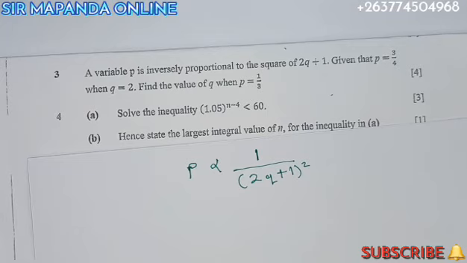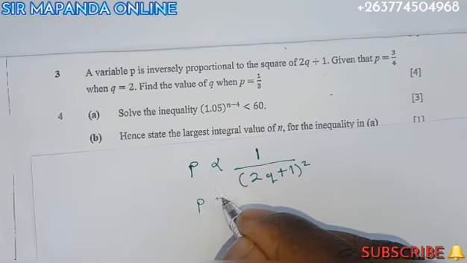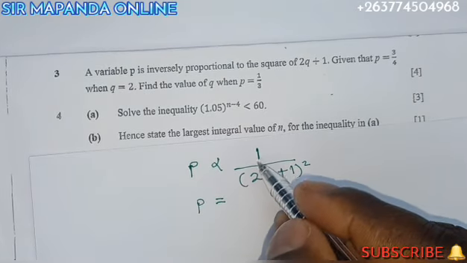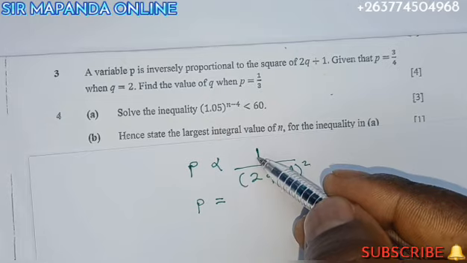But this triggers the right side, which is 1 over 2q plus 1 squared, to be multiplied by the constant of proportionality, which is k.